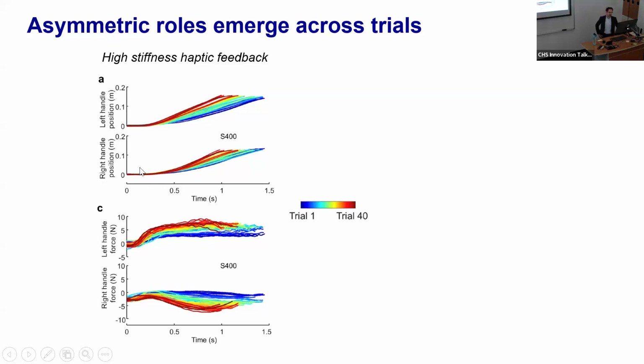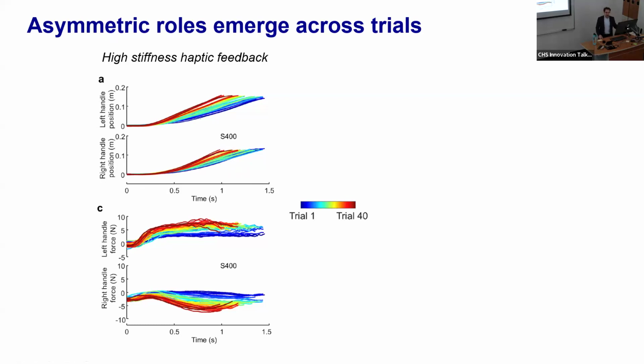What you see is that even though from a temporal perspective they're going together, as they should, the left handle and the right handle, you see this nice progression from early to late trials in a very orderly fashion. So there is some evidence that they are co-adapting to each other, okay?